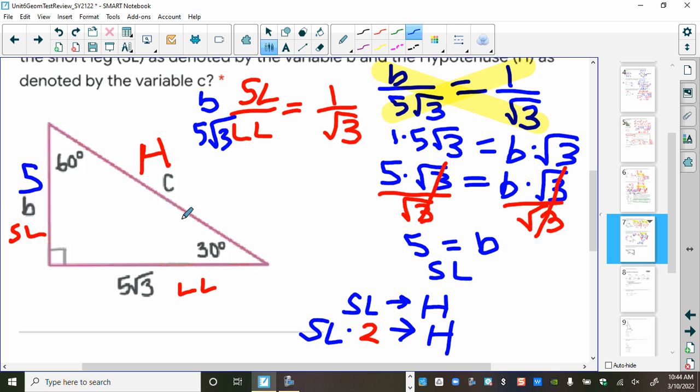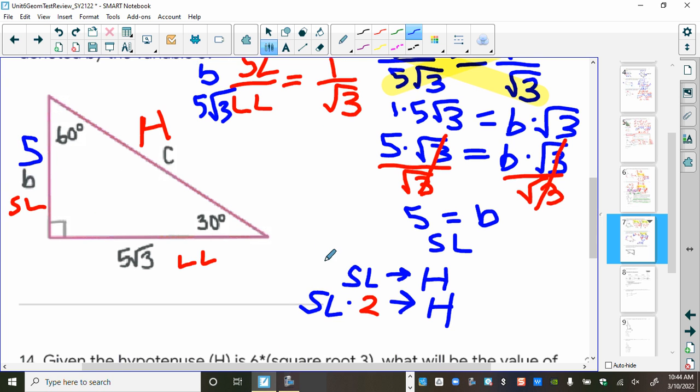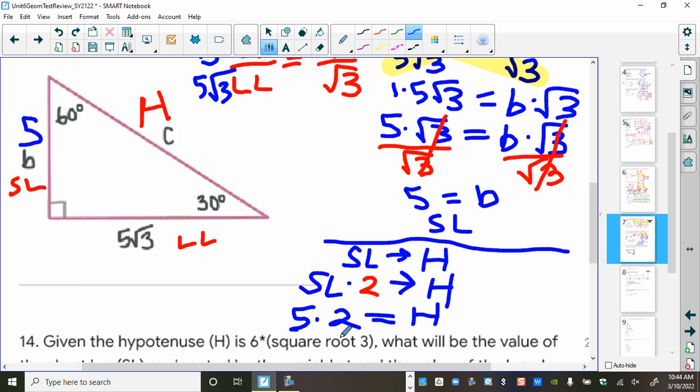So short leg was what number? 5. And then what's 5 times 2? 10. Equals a hypotenuse. So then the hypotenuse will be 10. There's your hypotenuse. Bang, you're done already.